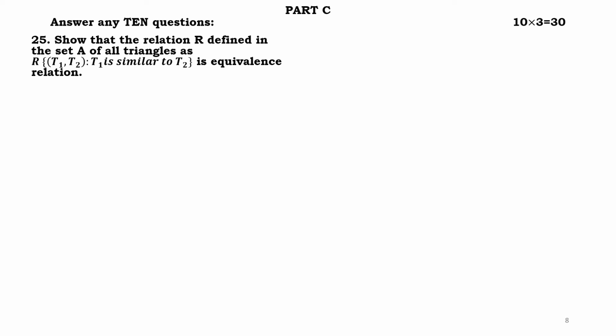The question reads: show that the relation R defined in the set A of triangles as R = {(T1, T2) such that T1 is similar to T2} is an equivalence relation. We have to prove that.